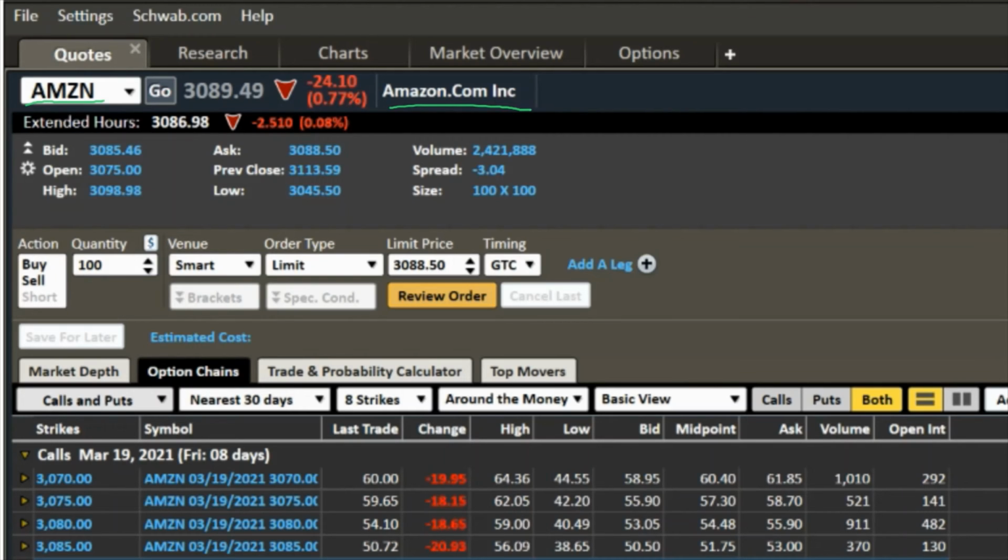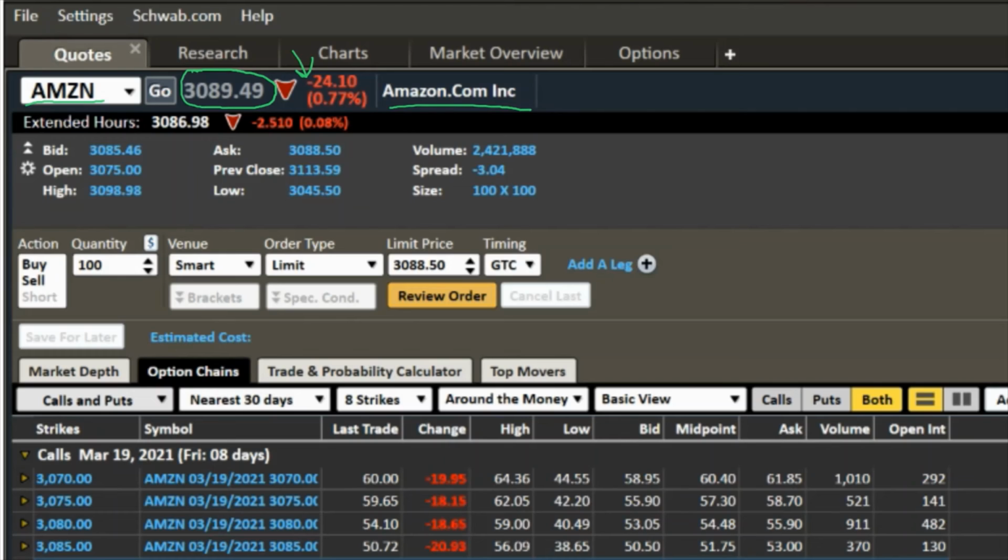The price of Amazon closed today at $3,089.49, which I just highlighted for you. And that's down, you can see it in red, $24.10. So it closed lower than it opened, $24.10. So the price is lower than when it opened.